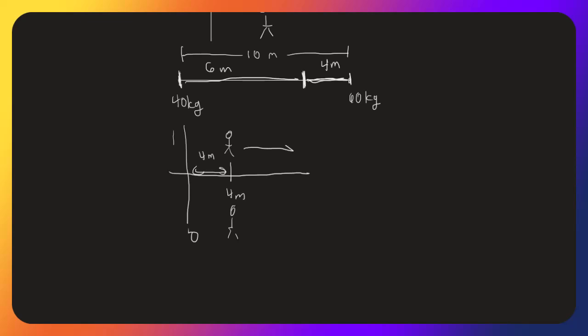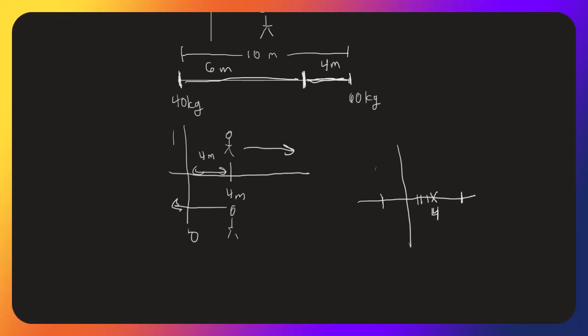And then the 60 kilogram person continues this way, the 40 kilogram person continues this way. And we don't know where the pole is, but we know the center of mass still has to be at x coordinate 4.